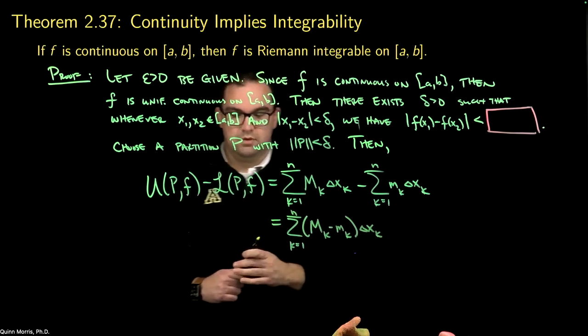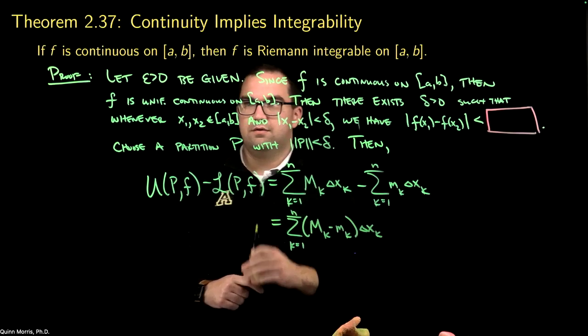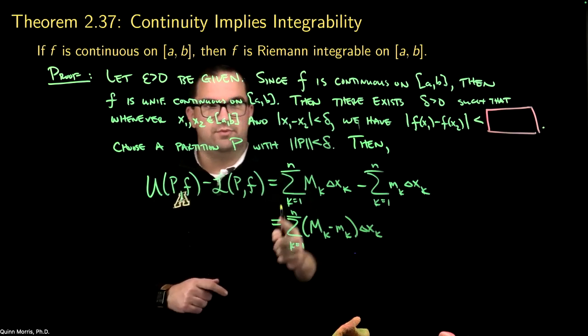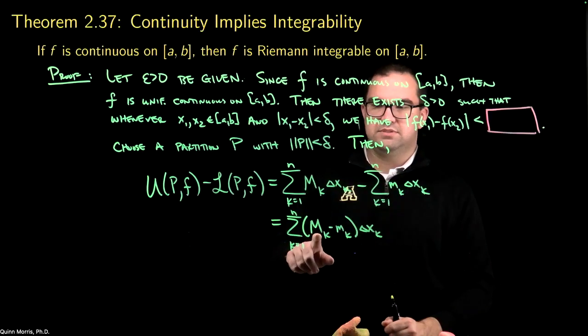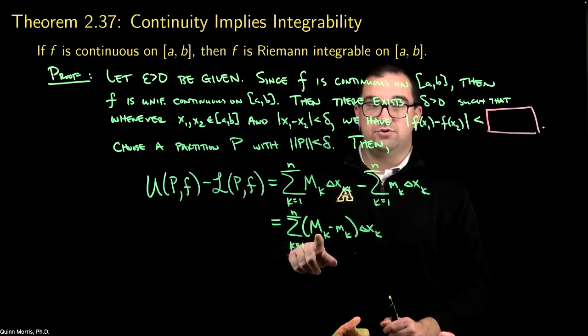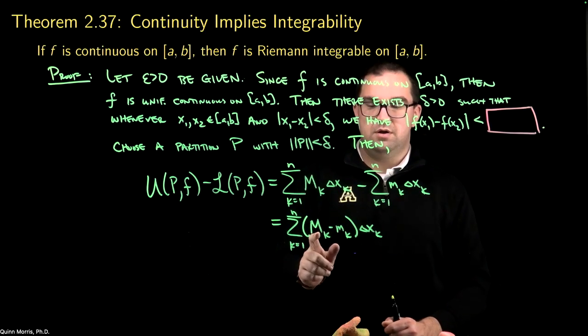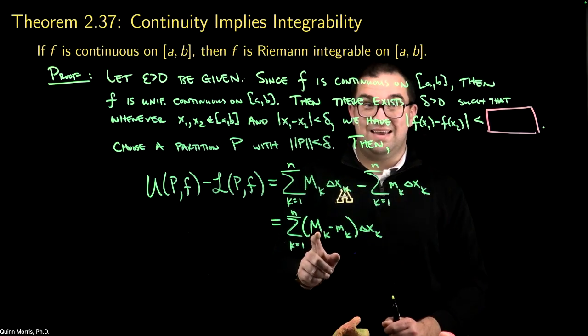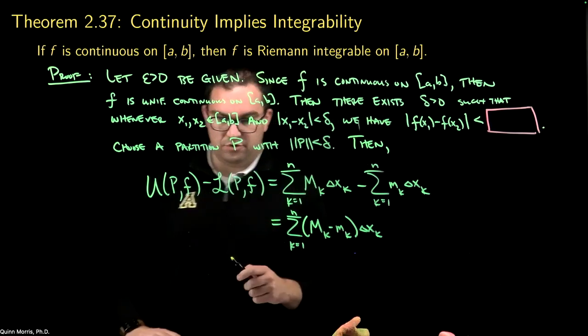Now, recall that the function f we're working with is continuous. Since it is continuous, this capital M sub k, which is defined to be the supremum of the function over the kth subinterval in the partition, is achieved. This is a continuous function, which means it actually achieves its supremum and its infimum by the extreme value theorem.